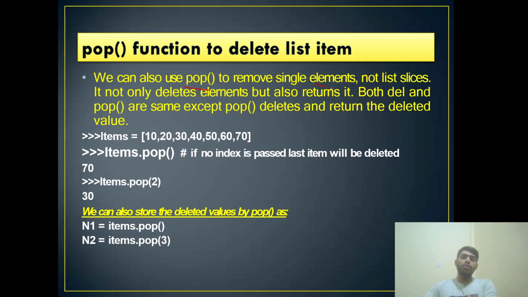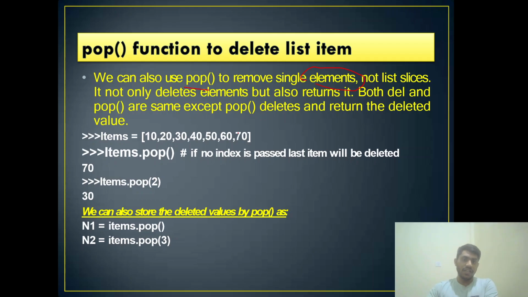It not only deletes the element but also returns it. Whichever element it deletes, that element it returns. Both del and pop are the same except pop deletes and returns the deleted value. What is the use of pop? Pop deletes and returns the deleted value, but del only deletes the value.